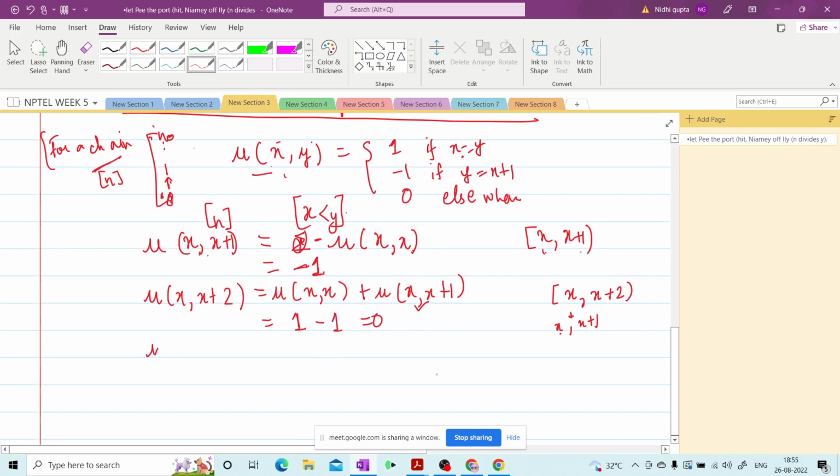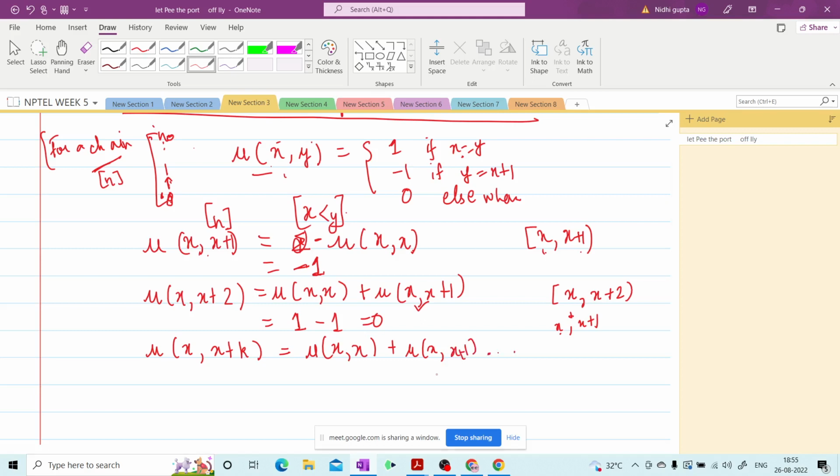And similarly for mu x plus k, this will be mu x plus mu x comma x plus 1, till mu x comma x plus k minus 1.